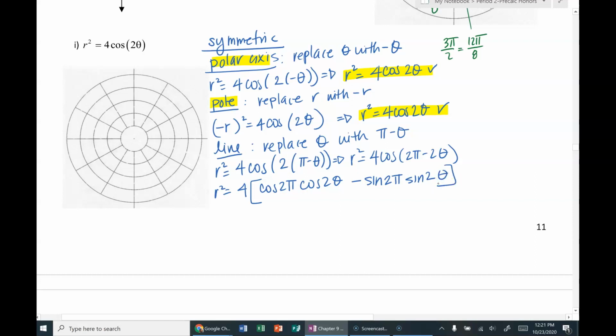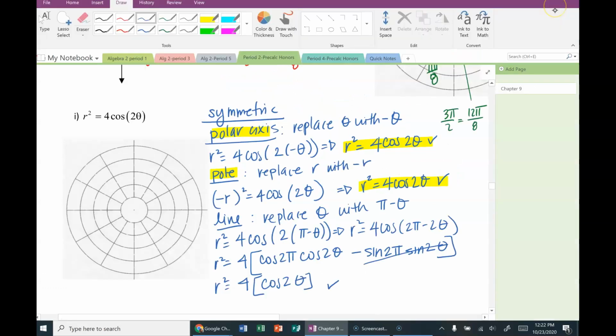Okay, so cosine of 2 pi, that's going to be 1. So r squared equals 4 times 1 times cosine of a double angle, maintaining that cosine of a double angle. Sine of 2 pi is 0, so that will go away. And so this also works. So all 3 of them work. Okay, so it is symmetric with respect to all 3.